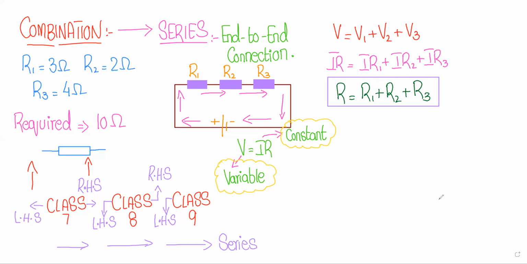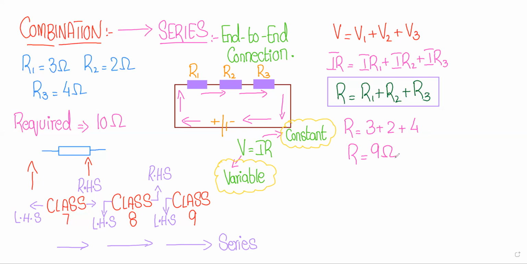If there are three resistors over there and we combine these resistors, let's suppose our given values are equal to 3 plus 2 plus 4.